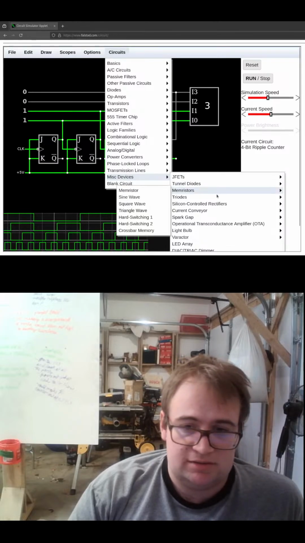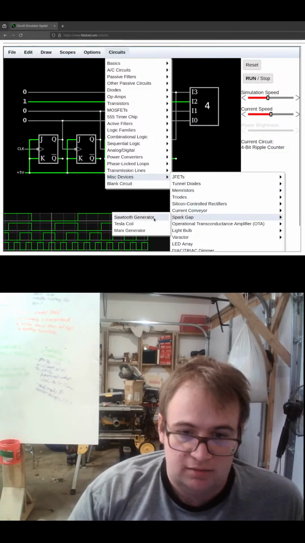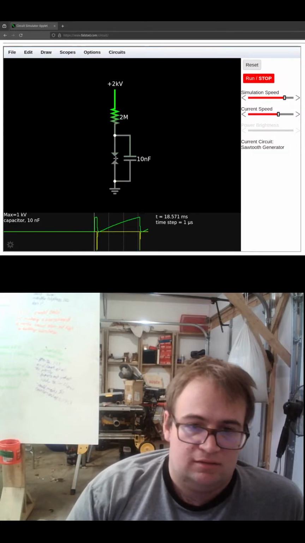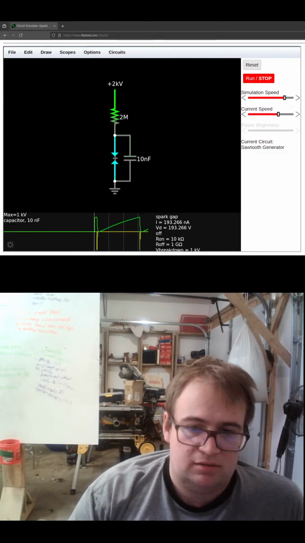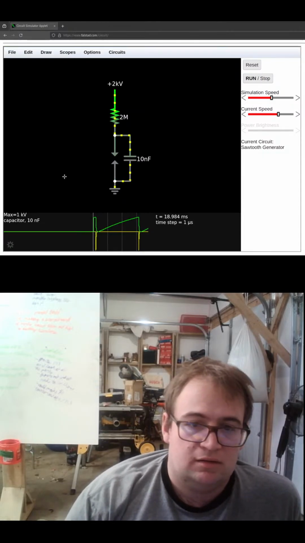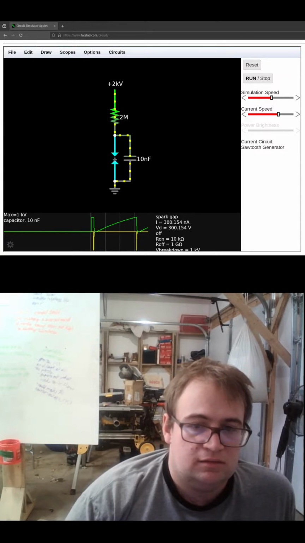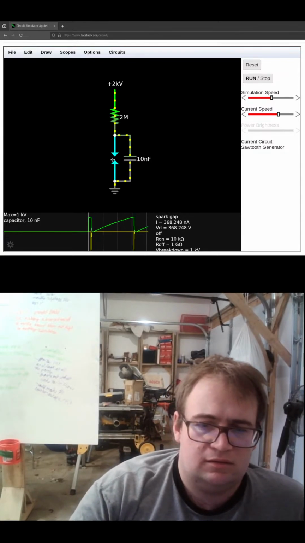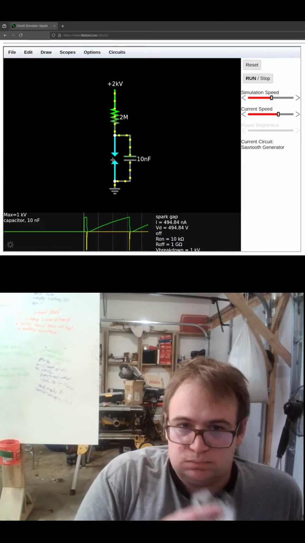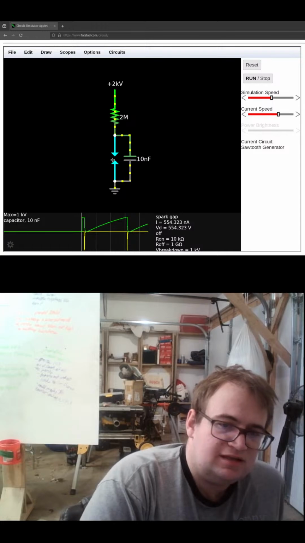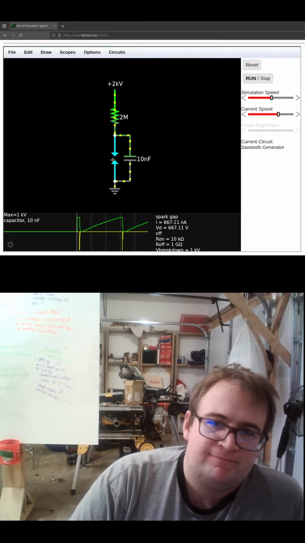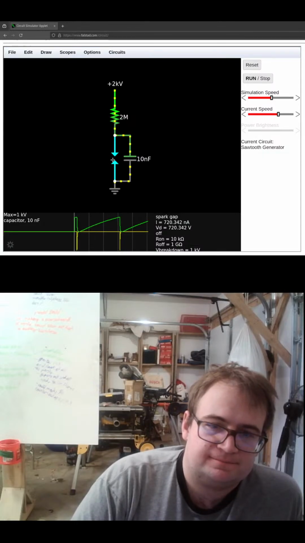Ooh, what's a spark gap there? Sawtooth generator. Here, no, wait. Spark gap. Let's fill this down. I don't know what's happening here. I see it's charging up the capacitor fairly quickly.